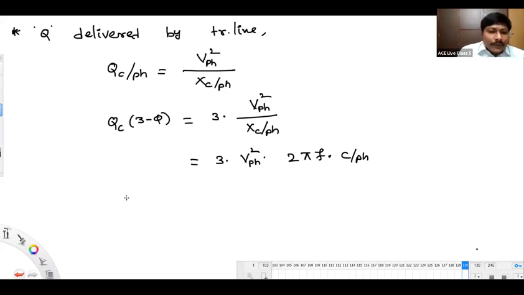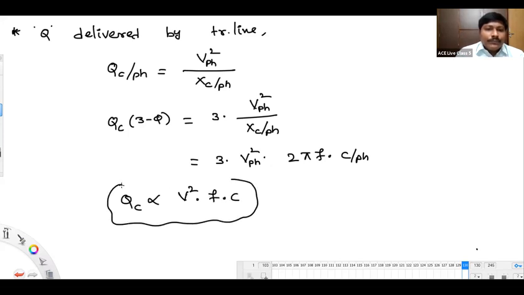From this, QC is proportional to voltage square, frequency, capacitance. This is the reactive power delivered by the transmission line. Okay, done.